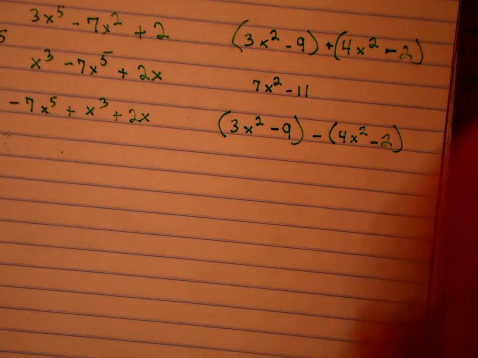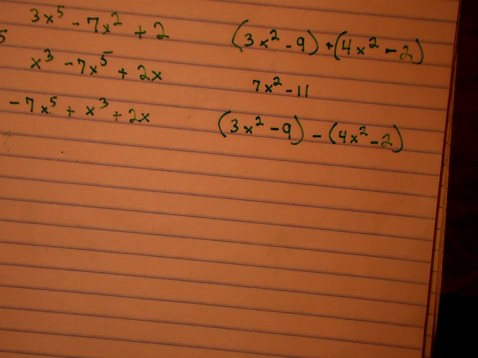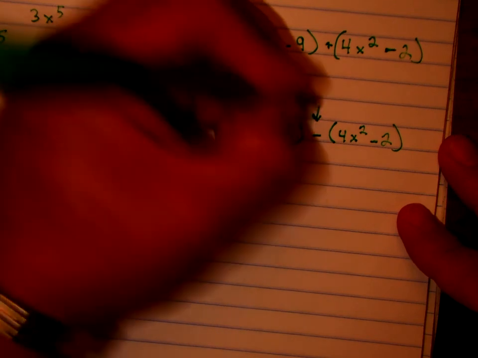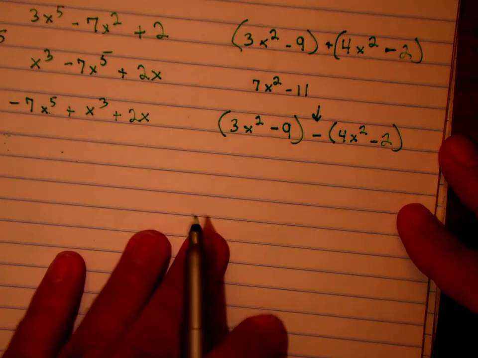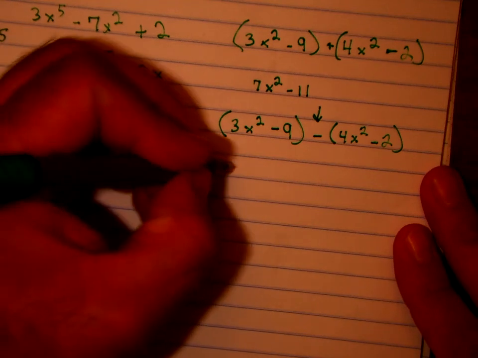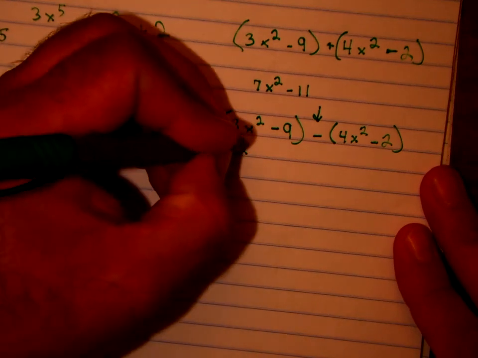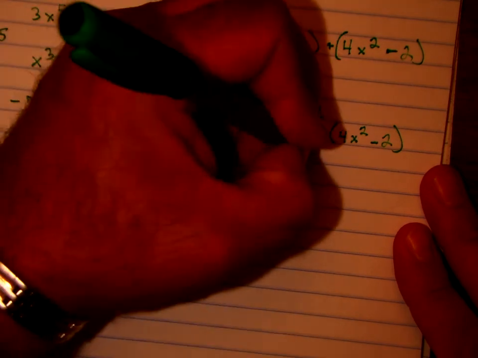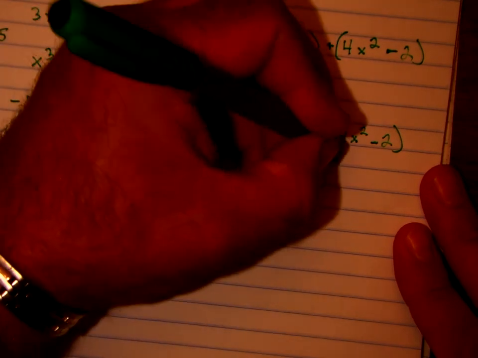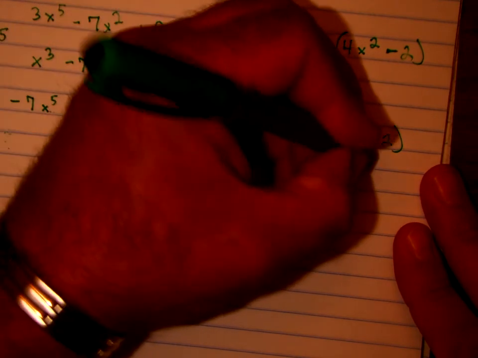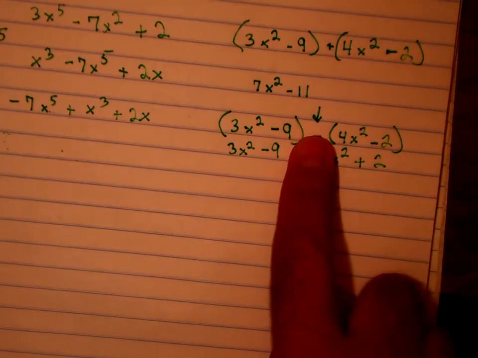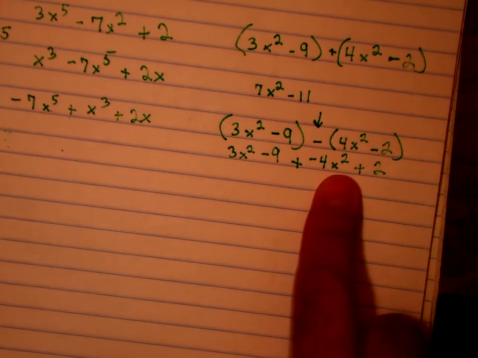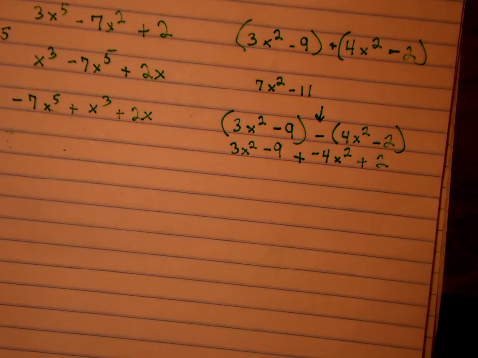Correct. So the easiest way I find for doing this is when it's subtraction, changing all of the signs in the second parentheses. Okay, so for example, I would write it as 3x squared minus 9 plus, and then it's negative 4x squared, and plus 2. The distribution of the negative to everything in there, or adding its opposite, is the same.